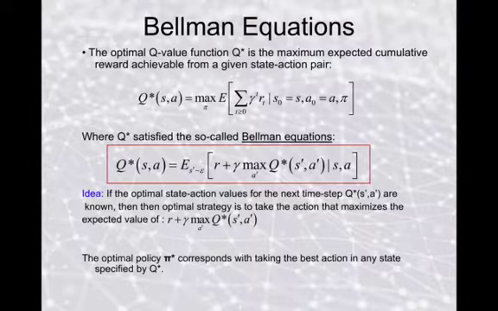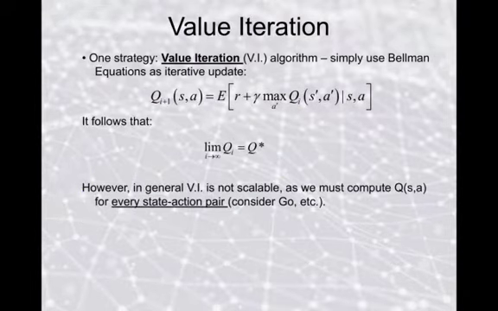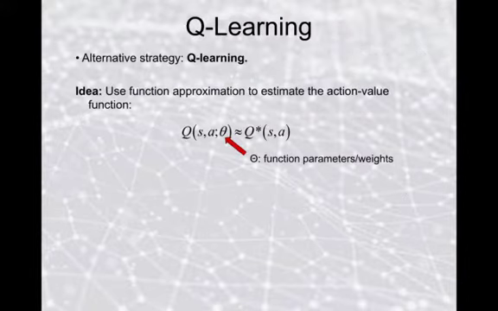What it gives us is an iterative update formula that I can use online as my reinforcement learning agent is doing self-play or some simulation. If I iterate this enough, in the limit of infinity, I get this optimal guy, Q star. Let me show you the iterative formula in just a second.